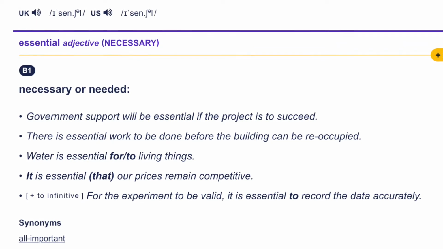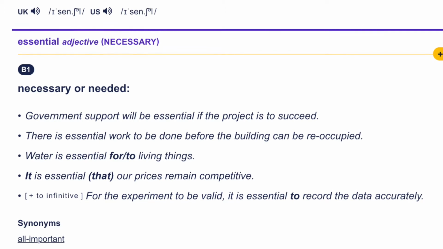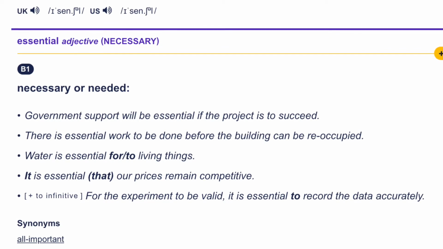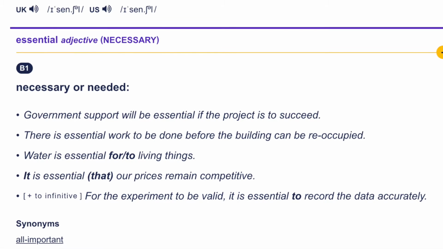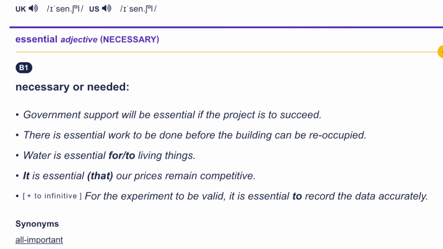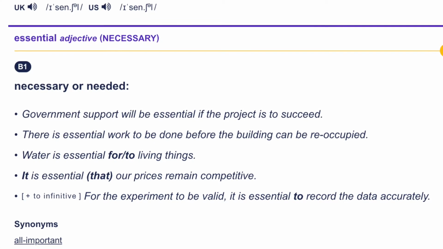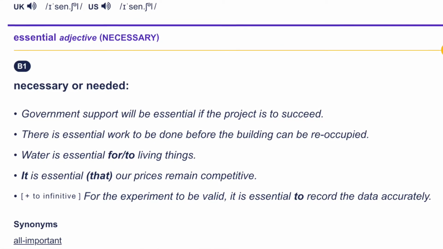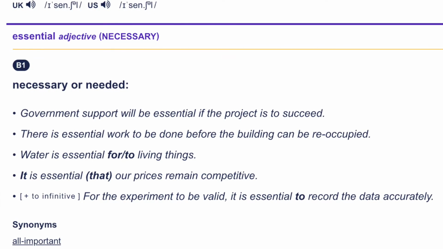And then in the third example, water is essential for living things, or water is essential to living things. So we can see an example of the preposition for or the preposition to, which commonly go with the adjective essential. So essential for or essential to, and the dictionary can show you how this works.